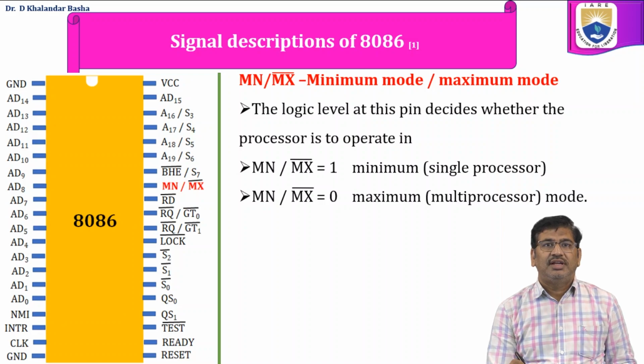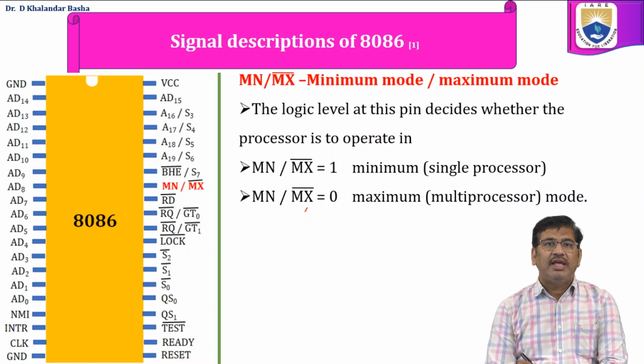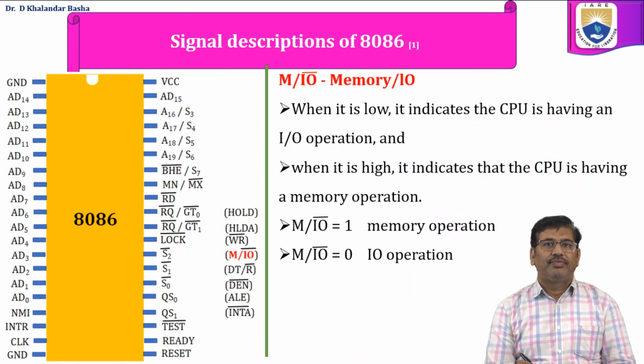As we discussed earlier, minimum mode means the 8086 is standalone, executing the current application. So it is a single processor system. When MN/MX bar is equal to 0, it indicates the processor is in maximum mode, where the 8086 operates the application with a co-processor also. That we call a multi-processor system.